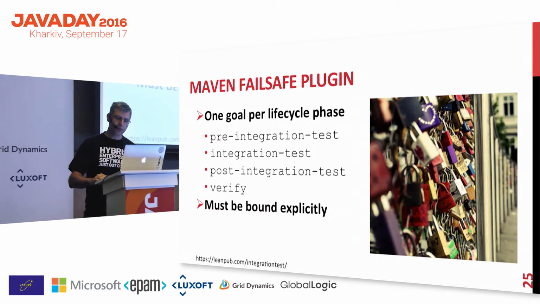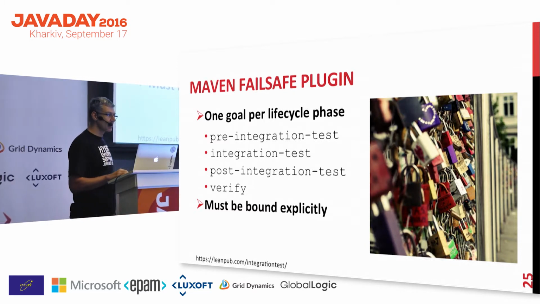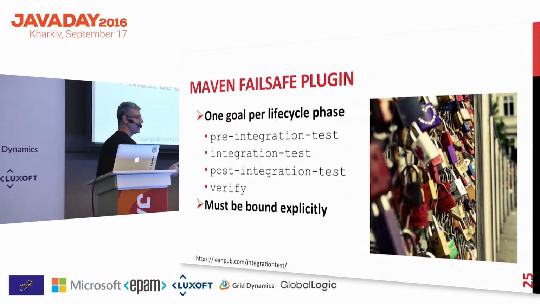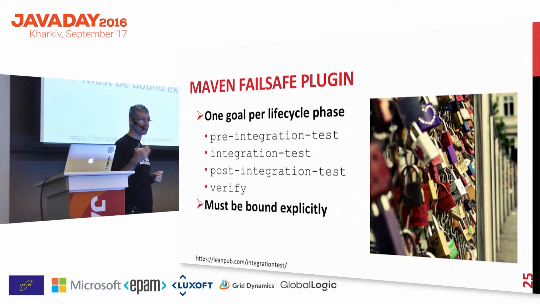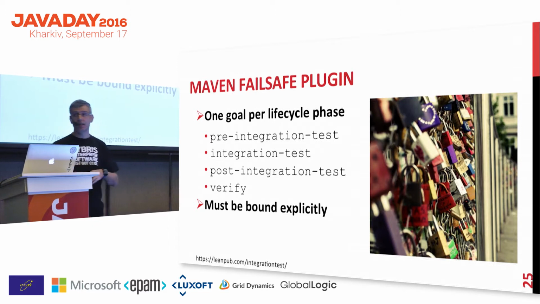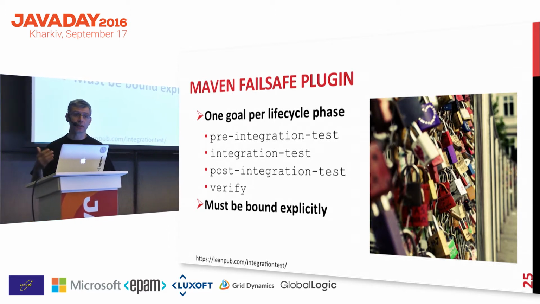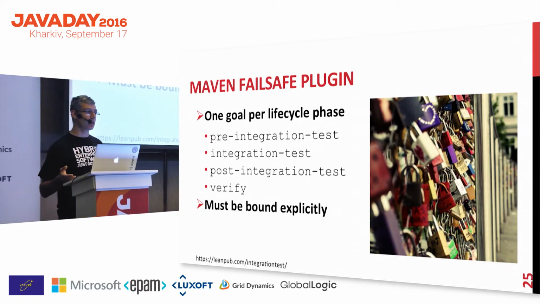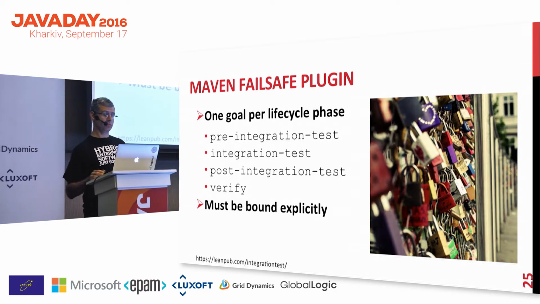The biggest difference is that you have to bind it explicitly in your POM. By default, it's not activated, so you can run mvn integration-test and see nothing, which sucks.